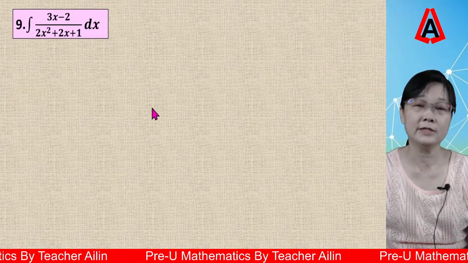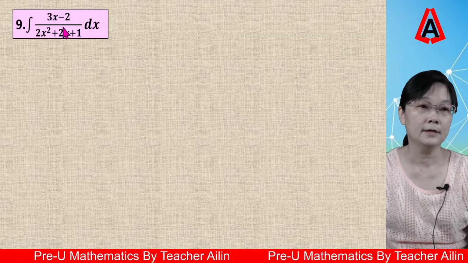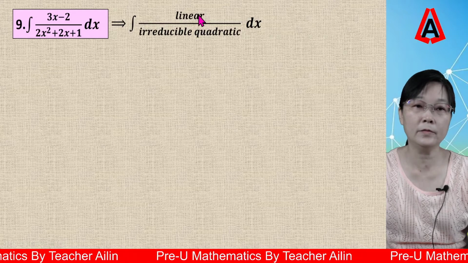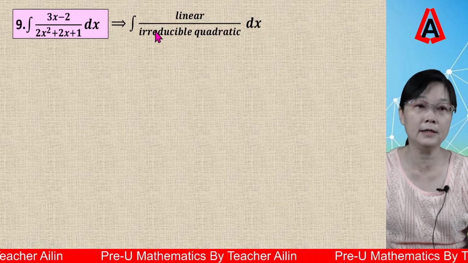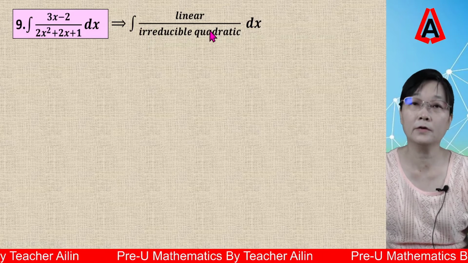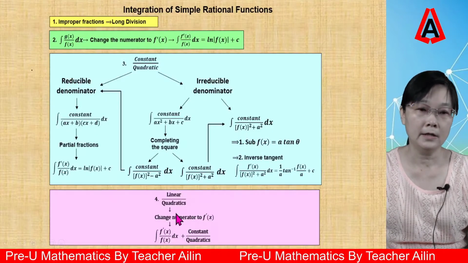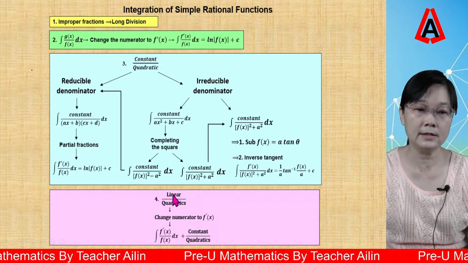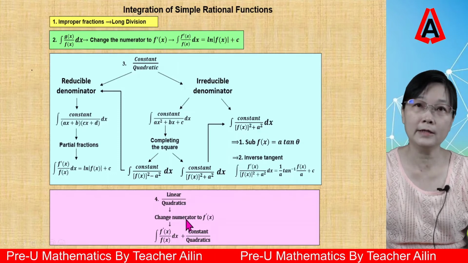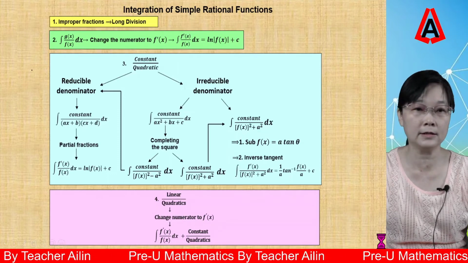Now we proceed to the following question. For this question, the rational function is in the form where the numerator is linear and the denominator is irreducible quadratic. When we look back at the mind map, if the numerator is linear, now we are going to change the numerator into the derivative of the denominator.